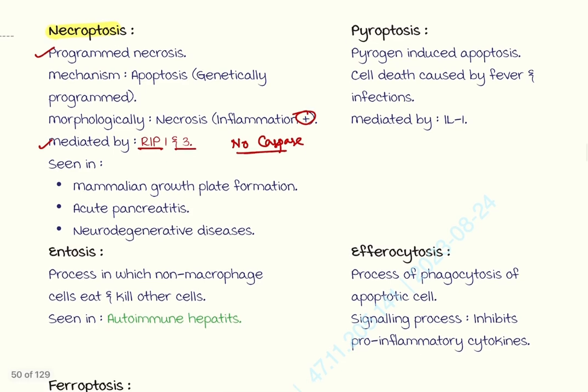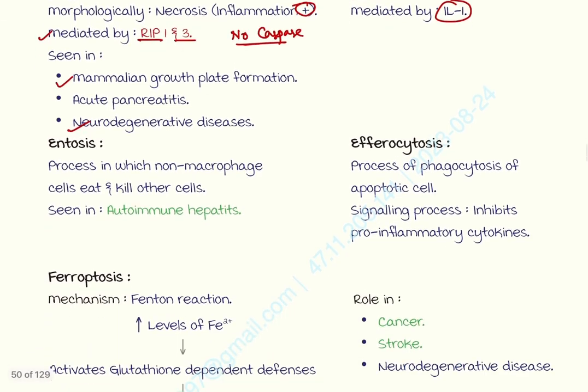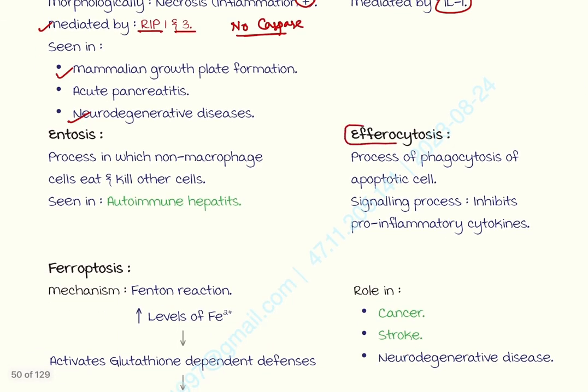It is seen in neurodegenerative conditions and mammalian growth plate formation. Pyroptosis involves interleukin 1, and the patient will have fever and infections. Then coming to efferocytosis: whatever apoptotic bodies are formed will be phagocytosed. So it is the process of phagocytosis of the apoptotic cells.